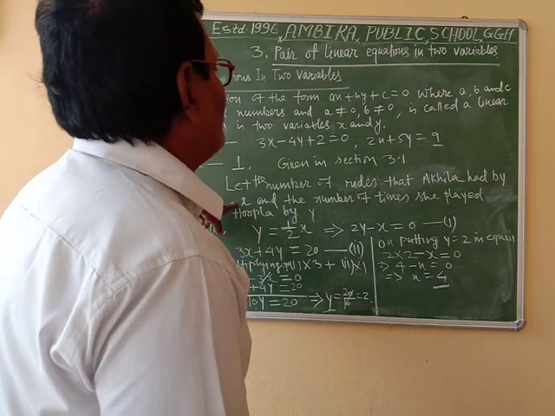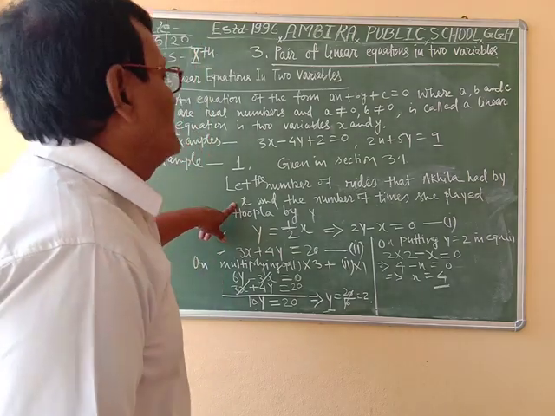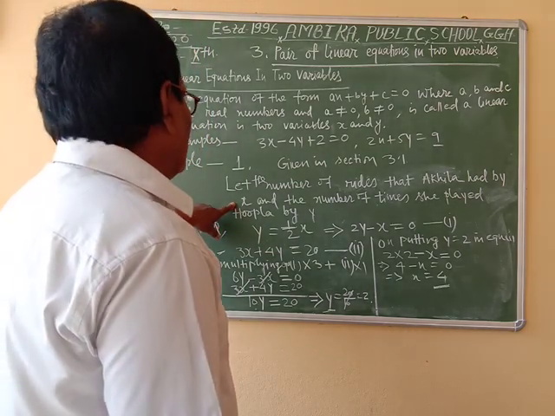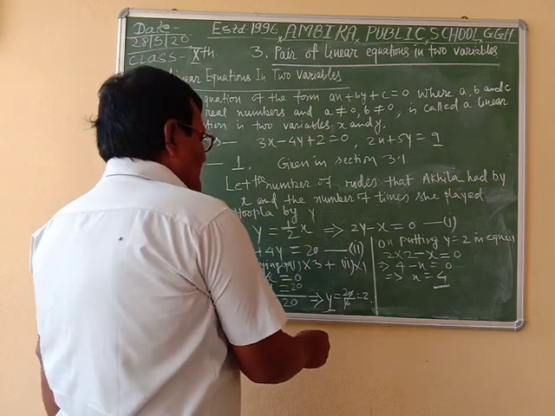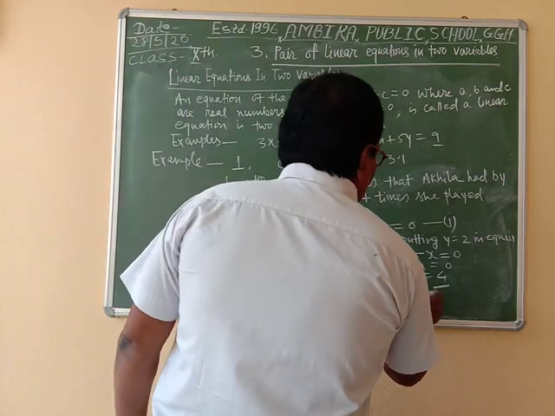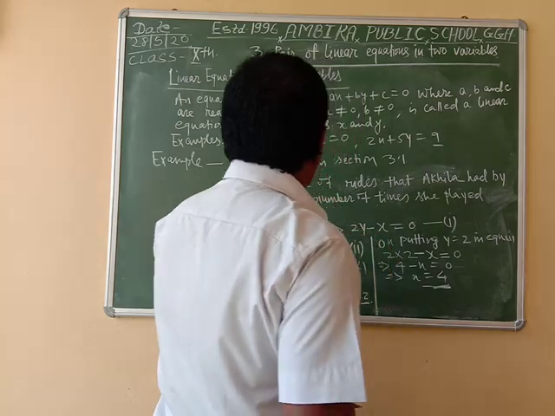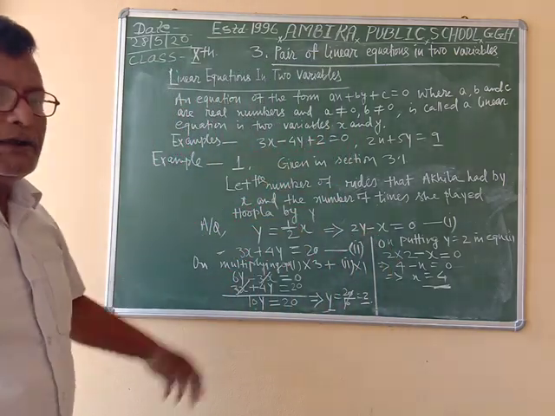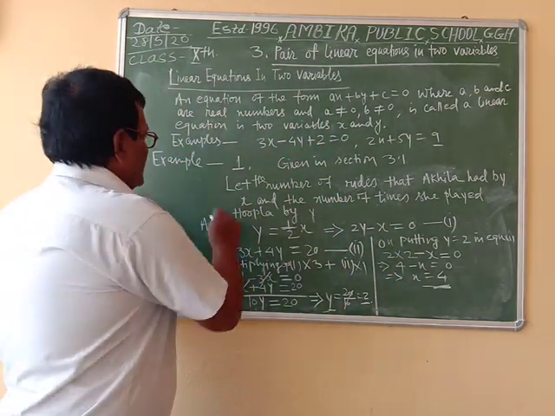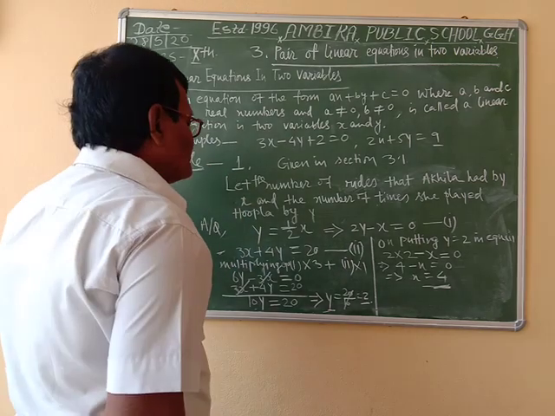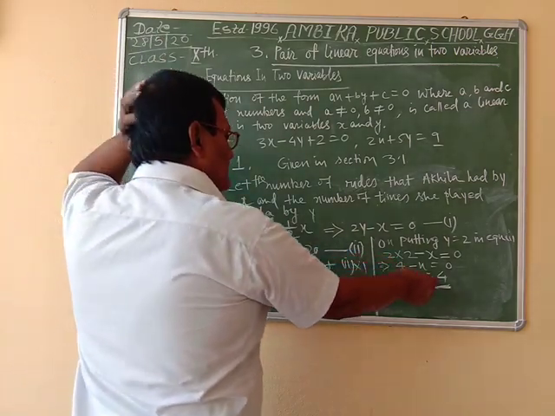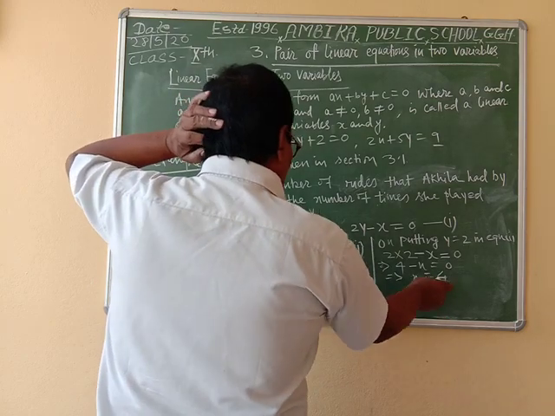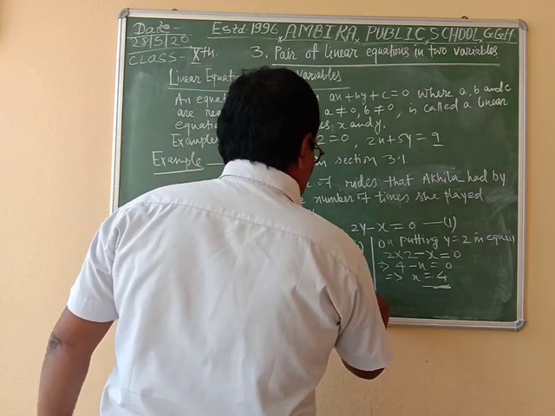Hence the number of rides that Akhila had is equal to 4 and the number of times she played Hopla is equal to 2. So this is the solution of the given pair of linear equations. So algebraically the solution of this equation is 4, 2.